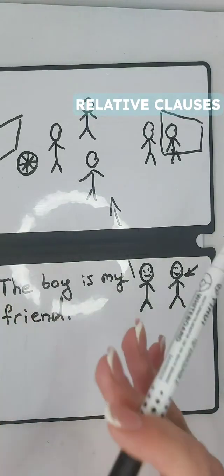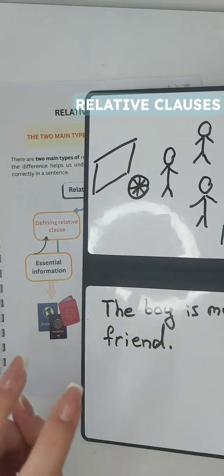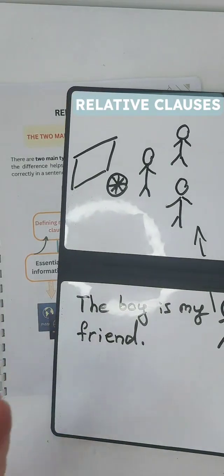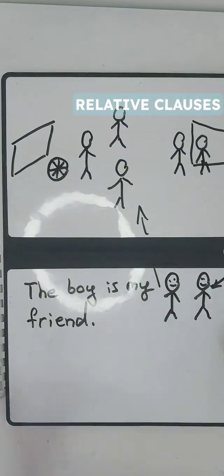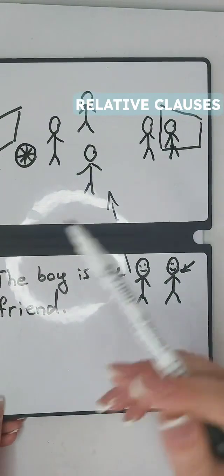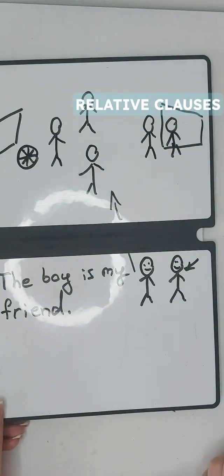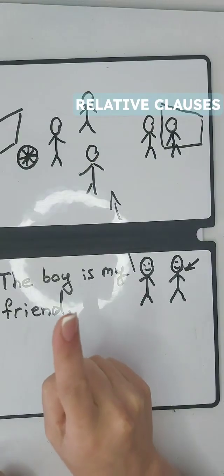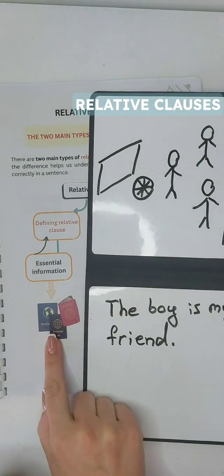That's where we need a defining relative clause, a passport, right? A passport to provide essential information about the boy, to make the listener understand which boy you are talking about. That's where we need essential information. That's what a defining relative clause does.